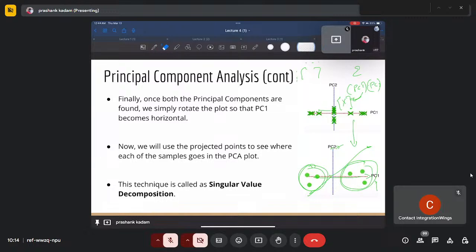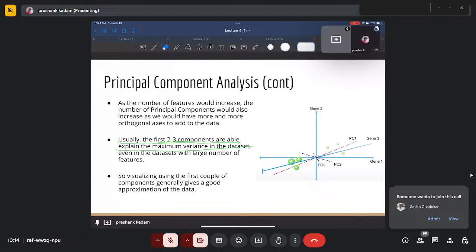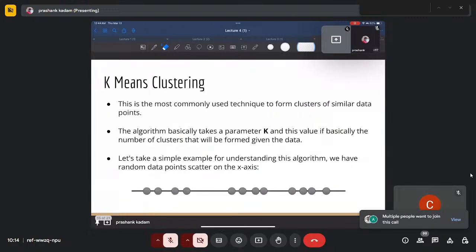So that's how rotation happens. And yeah, so that's principal component analysis. And I think we can now move to the next algorithm, which is k-means clustering.